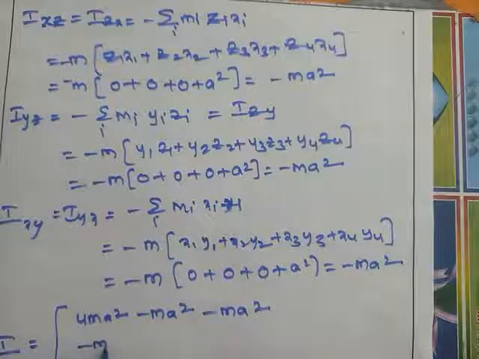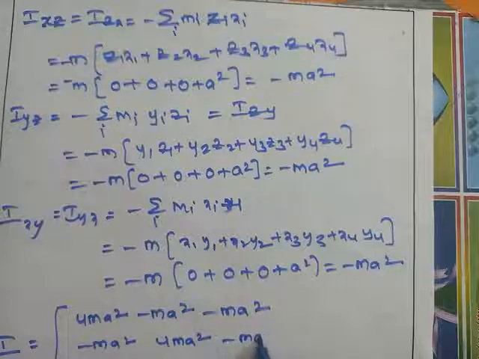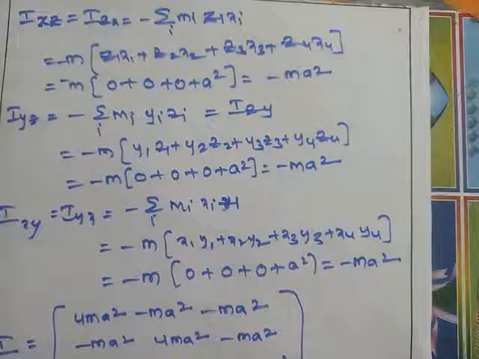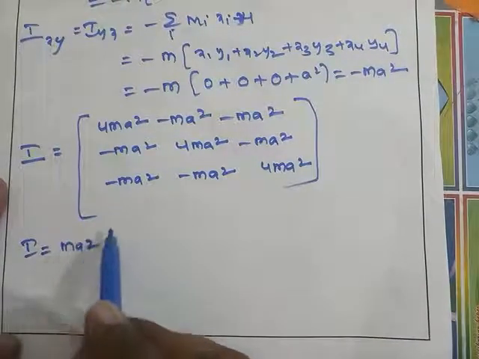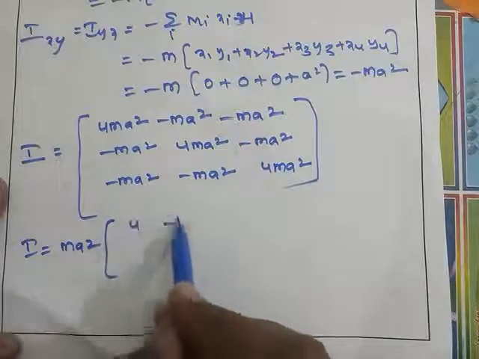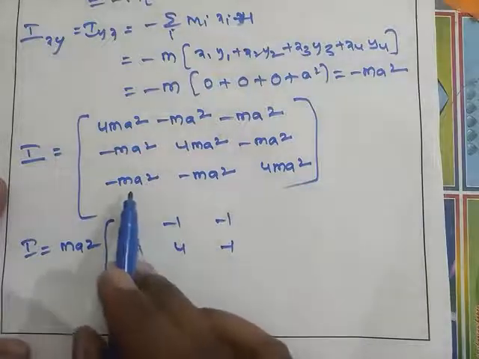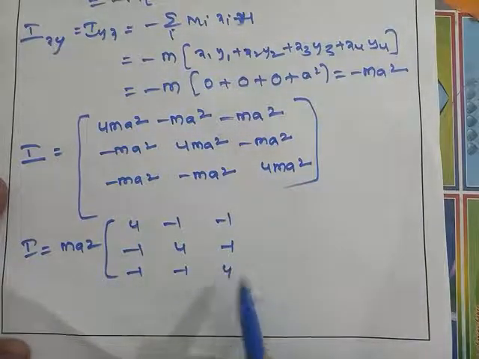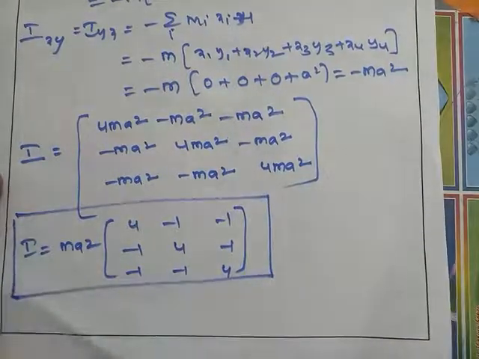So minus ma square, this is 4ma square, this is minus ma square, and here minus ma square, here minus ma square, 4ma square. Take ma square common, writing outside, I equal to, so what we get, writing ma square outside the matrix, we'll get 4 minus 1 minus 1, minus 1 4 minus 1, and here we'll get minus 1 minus 1 4. So this is our required answer.